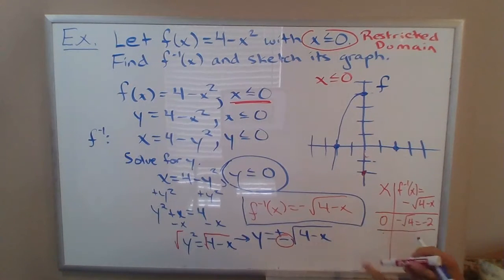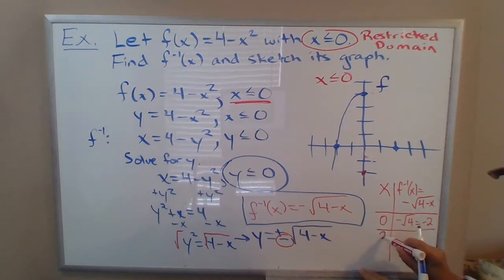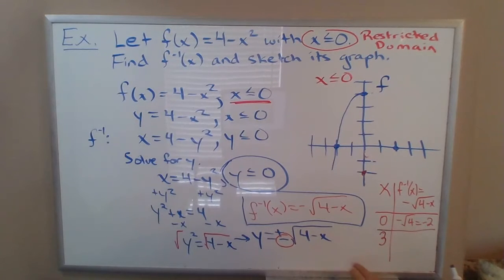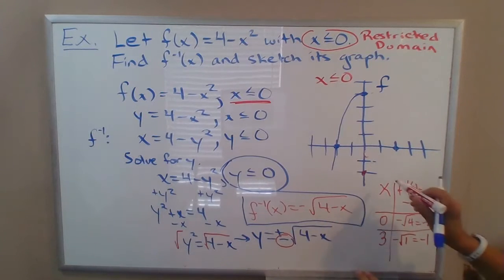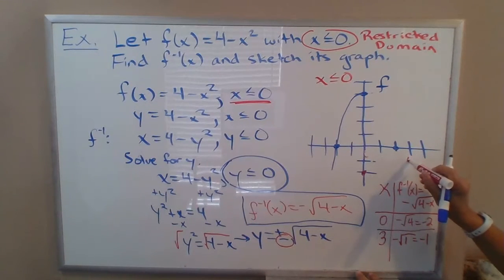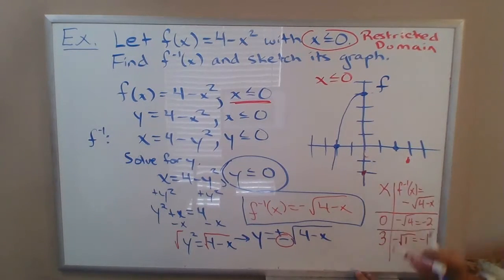I don't want to deal with the square root of 3, or square root of 2 for that matter. What if we plug in 3? Then we'll have negative square root of 4 minus 3. Well, that's the square root of 1, so negative 1. So when x is 3, y is negative 1. That's that point right there.